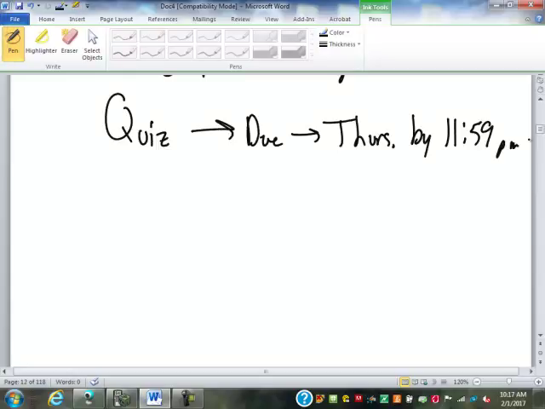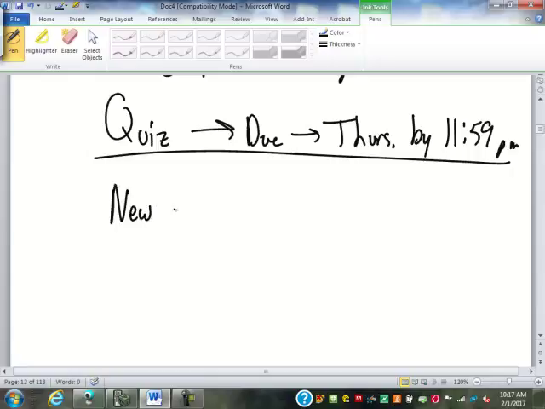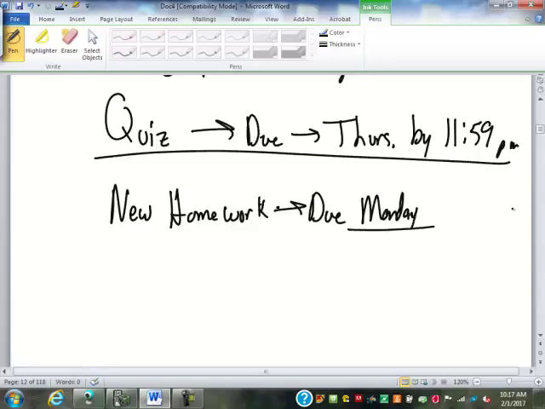Remember, the quizzes always trail the homework by 1. So the homework that you just finished from last class, that's what this quiz will be on. So I suggest you do the quiz first. And then there's going to be a new homework that's going to be due on Monday. And that is the homework that's on what we talked about today and what we'll talk about tomorrow as well.